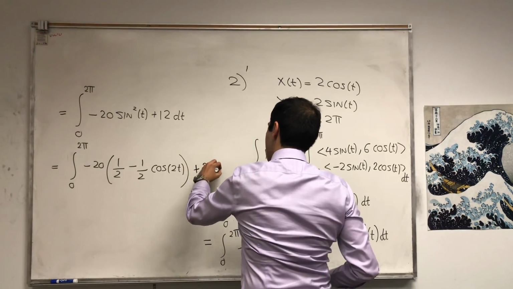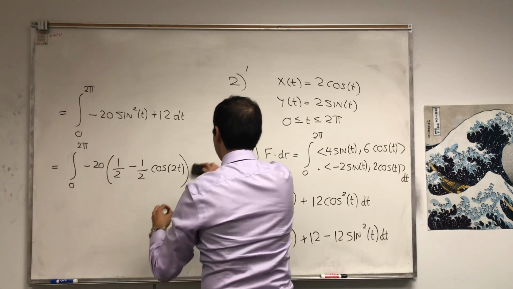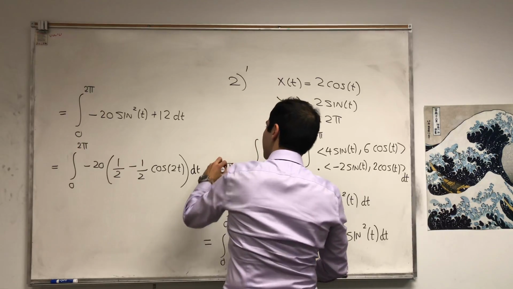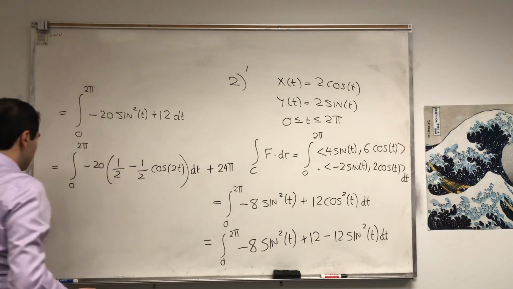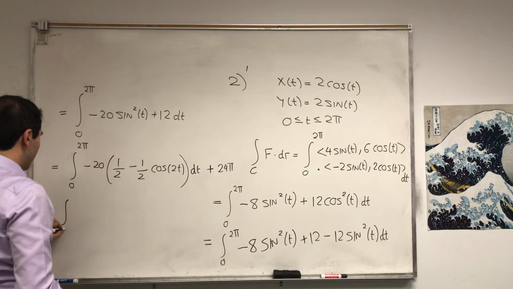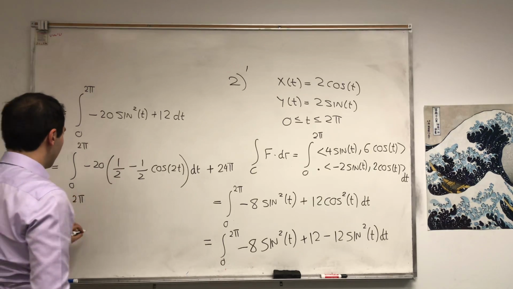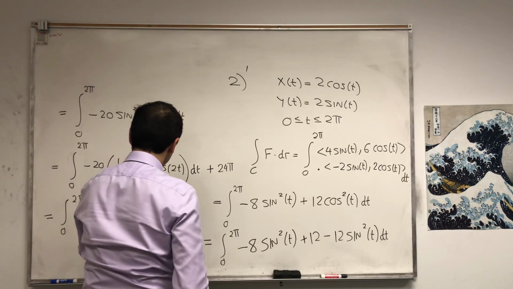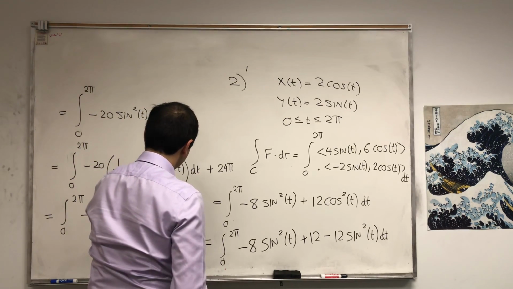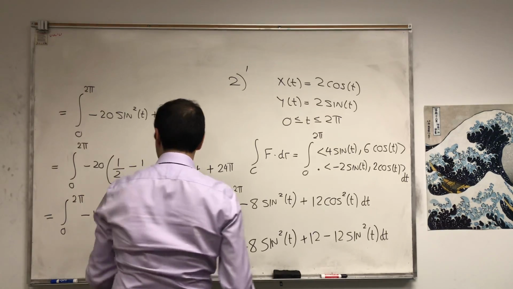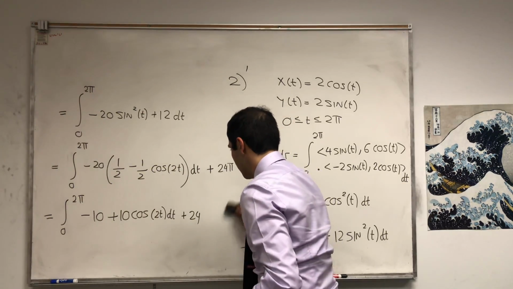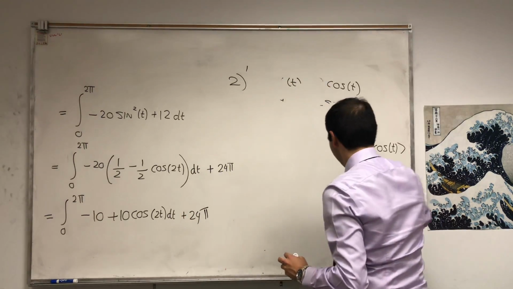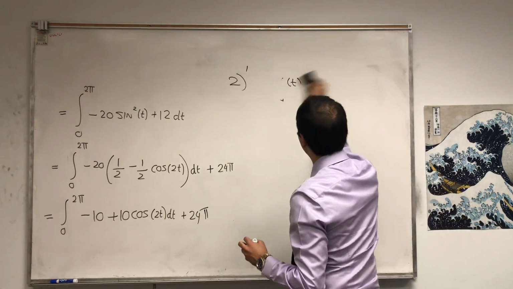So this is with respect to dt, and then you're adding 24 pi to your answer. And then this, I think you can simplify: the integral from 0 to 2 pi of minus 10 plus 10 cosine of 2t dt plus 24 pi. Easy integral.